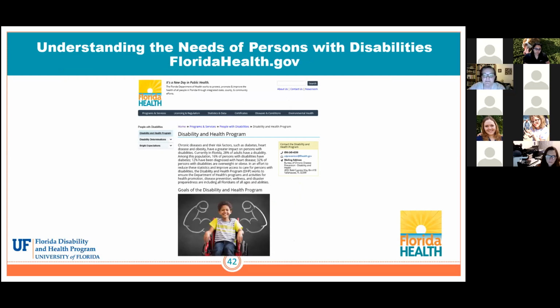The Disability and Health Program, I do want to quickly mention, it's going to be less relevant for you as your clients, but in the event that you or a family member or friend are in the position where they want to apply for Social Security disability, the Division of Disability Determinations housed at the Department of Health is one of the first steps in getting you certified to be able to get onto Social Security disability.